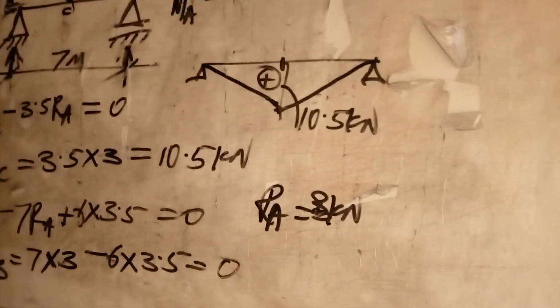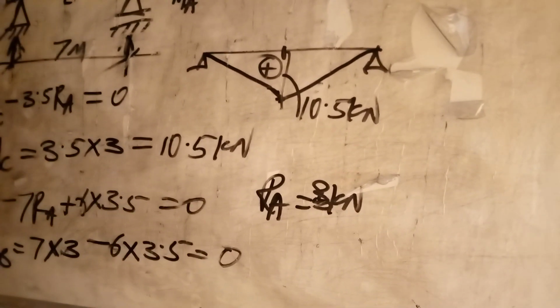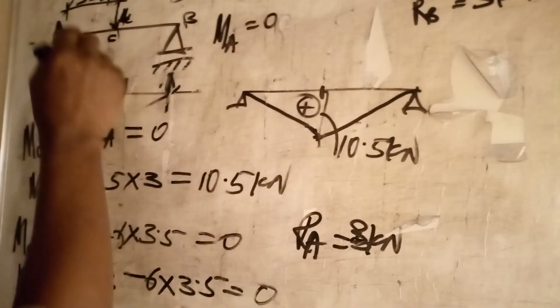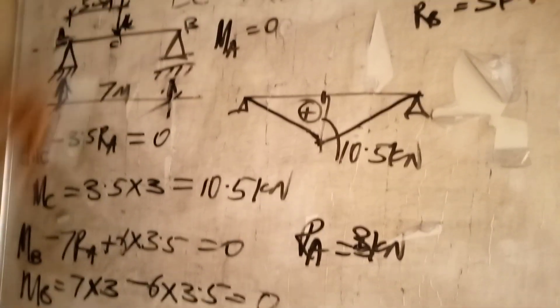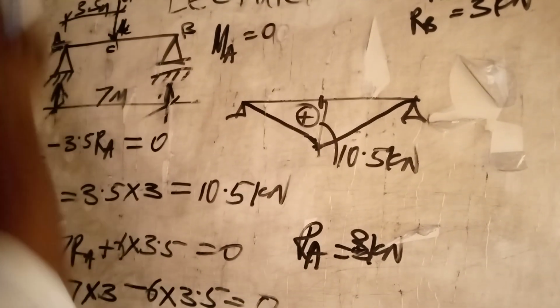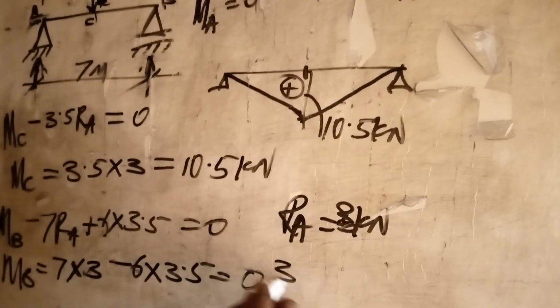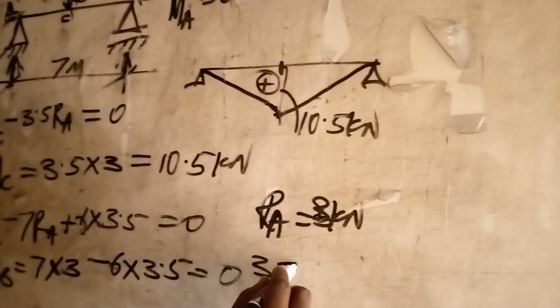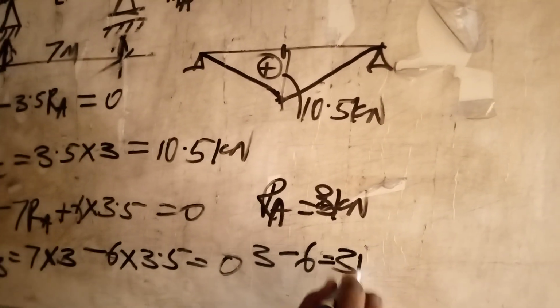So the shear force at point A is 3 kilonewtons. The shear force at point C is 3 kilonewtons against 6 kilonewtons. If 3 kilonewtons pointing up is positive, then 6 pointing down is negative. So it becomes 3 minus 6, which is minus 3 kilonewtons.